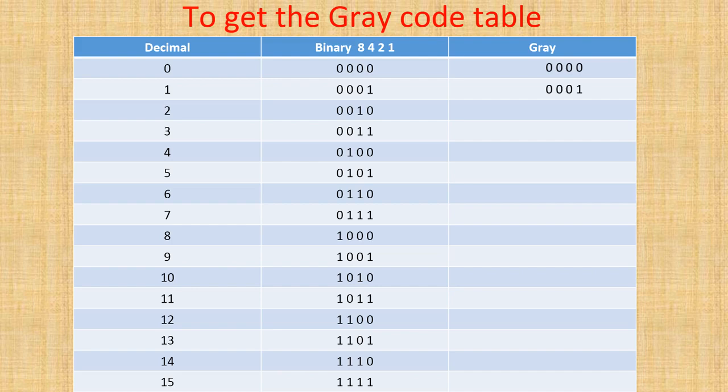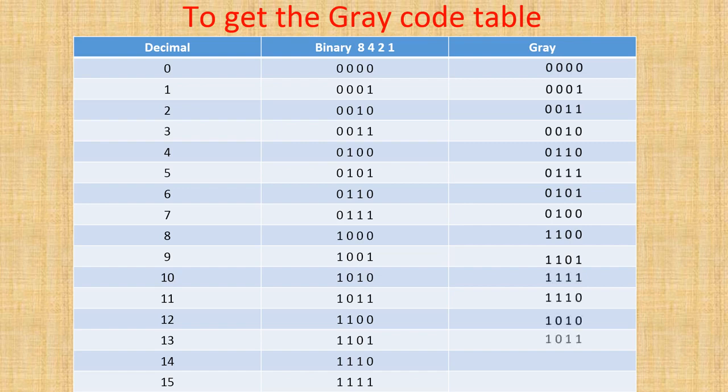Same as moving from 1 to 2, again only one bit has to change. You may understand it by watching further numbers. Take any example from 7 to 8 or 13 to 14 or 14 to 15.